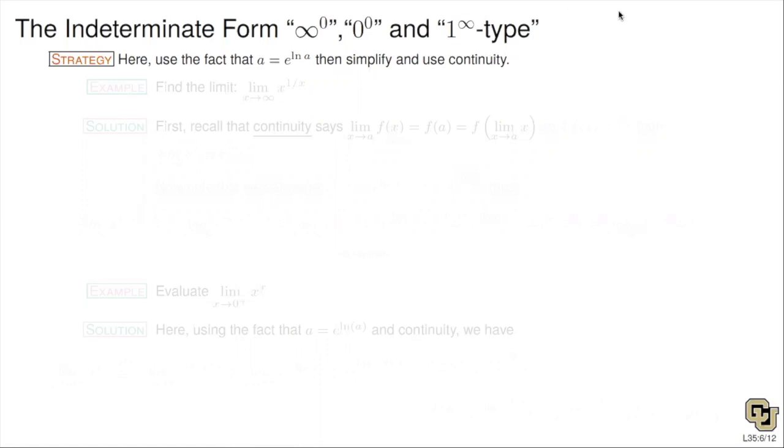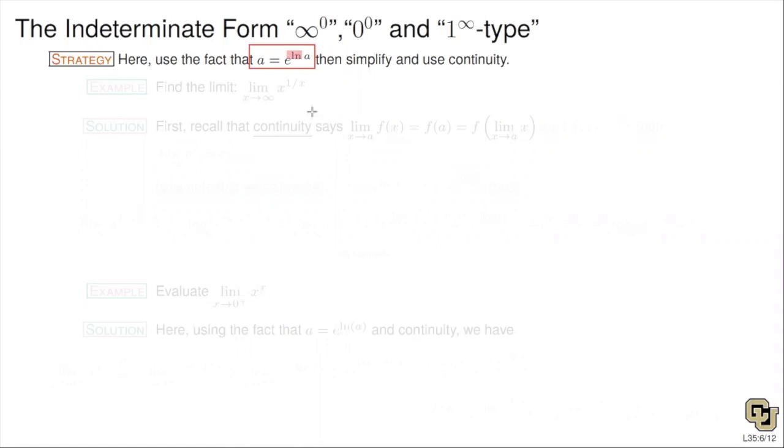So these 3 indeterminate forms are the most complicated. The strategy is to rewrite, use the fact that A equals e to the ln of A, and then use the continuity. And this slide might look slightly different from the slide I sent you. I modified that just a little bit. So here the idea is to try and bring the natural log into the picture.